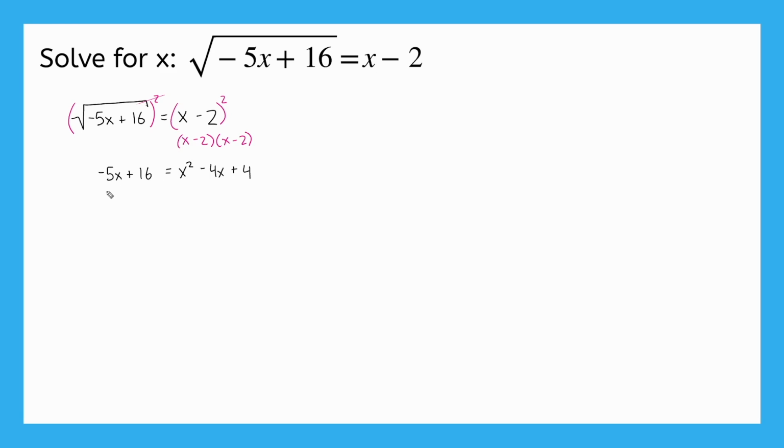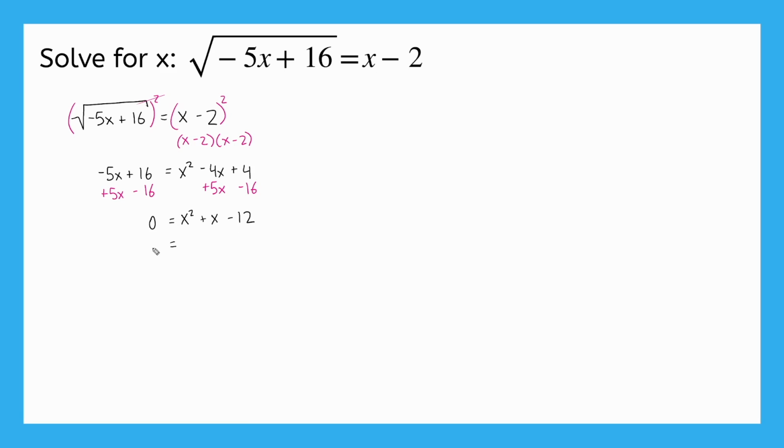To do that, we add 5x and subtract 16 from both sides, and of course we have to do the same thing on both sides. Adding the like terms, we're left with 0 as we wanted, and this is x squared plus 1x minus 12. So x squared plus x minus 12.